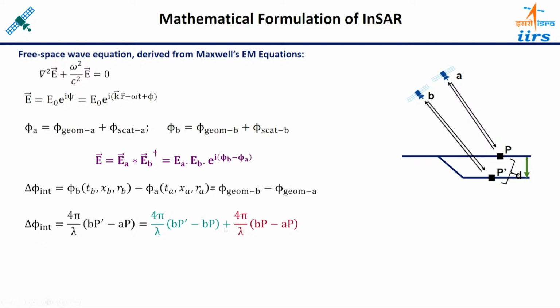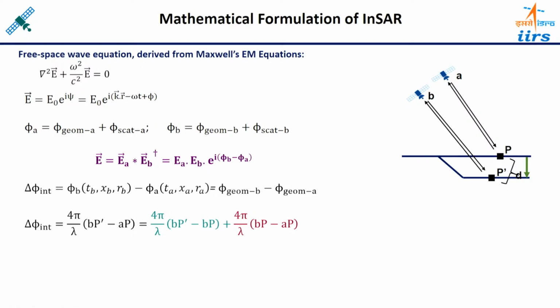It means in this equation this is already known, which we have already calculated by subtracting the phases of two signals. This is the deformation phase which we need to calculate, and this we are simulating using the existing DEM. So this is known, and the only unknown thing is this one.